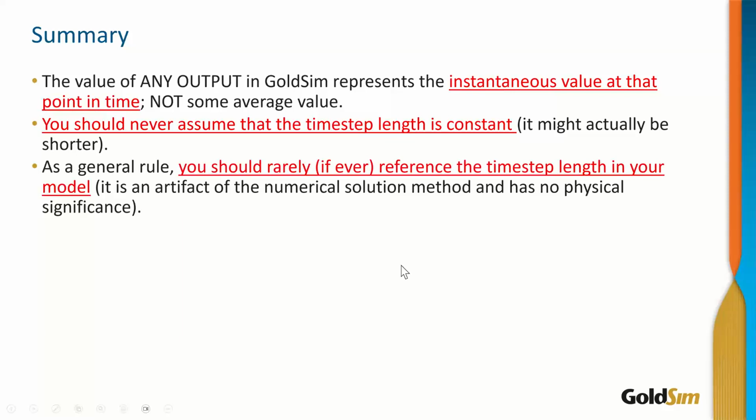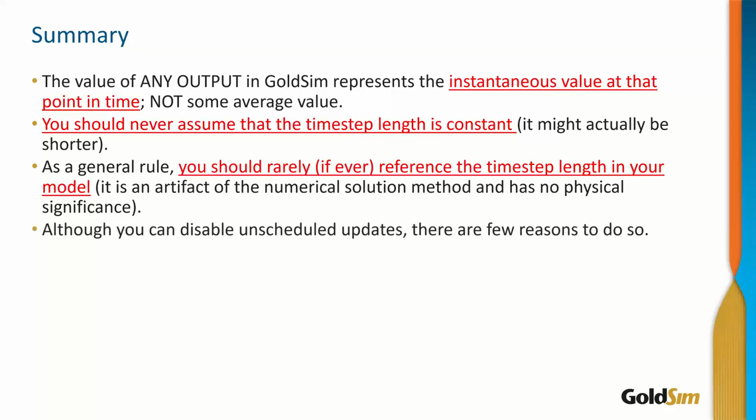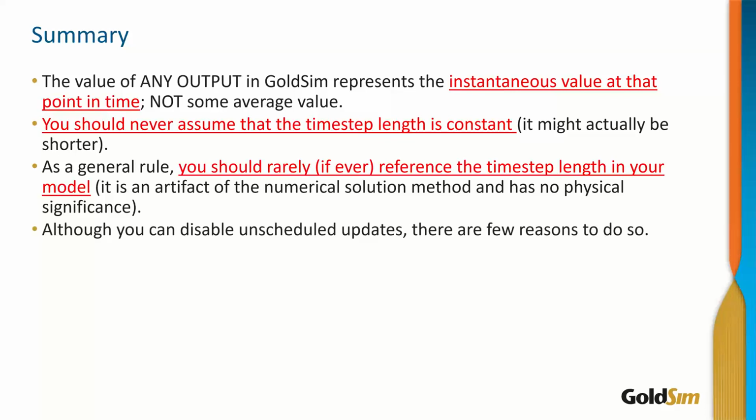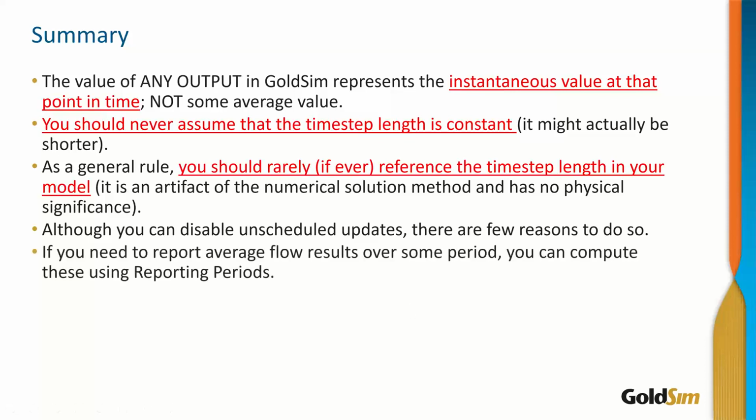It's just an artifact of the numerical solution method and has no physical meaning. If you must reference the time step length, use the time step length run property to do so. You can disable unscheduled updates, but there are few reasons to do so. If you need to report average flows, you can always compute these by using reporting periods.